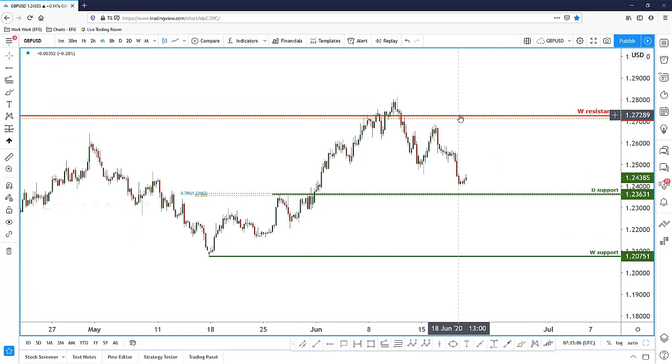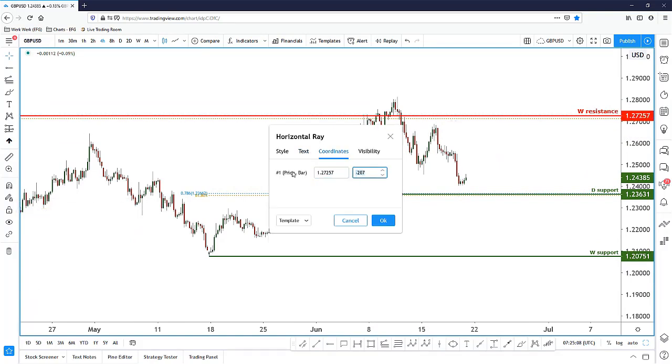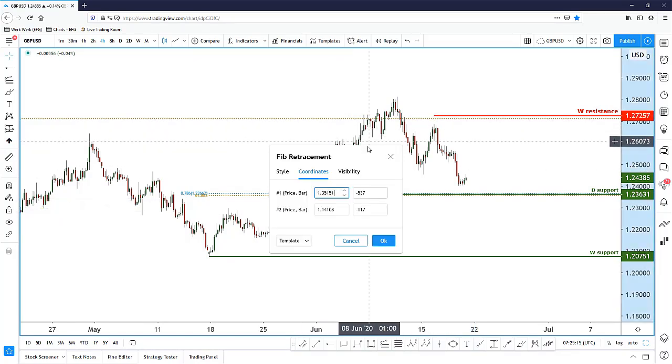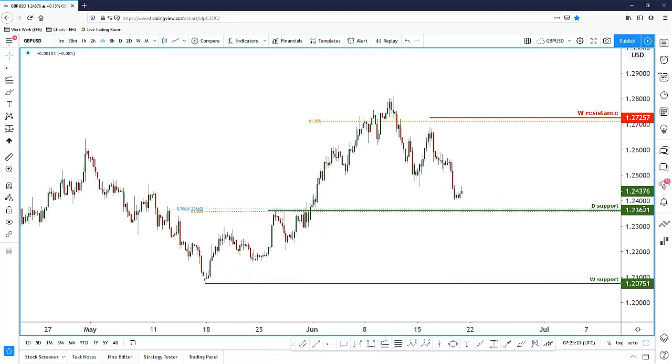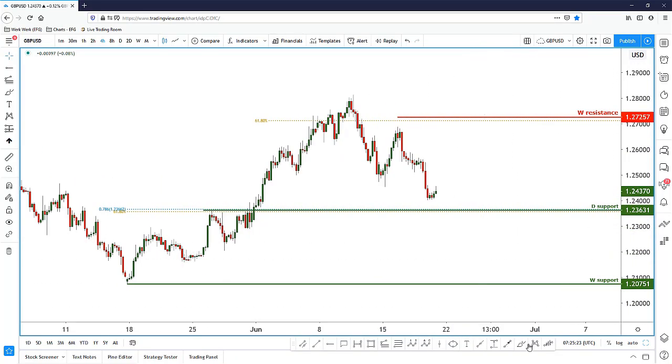Okay, and we focus on the recent prices. Here we just want to focus on this area here. Now, on the 4 hour, we also see that price has made sort of a zigzag.